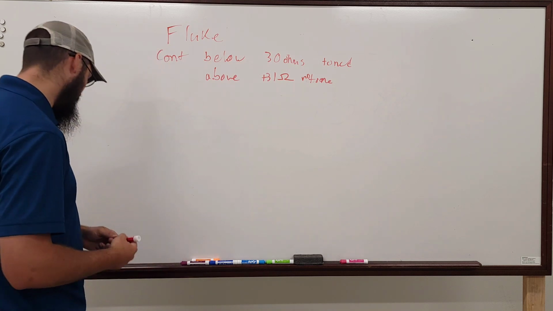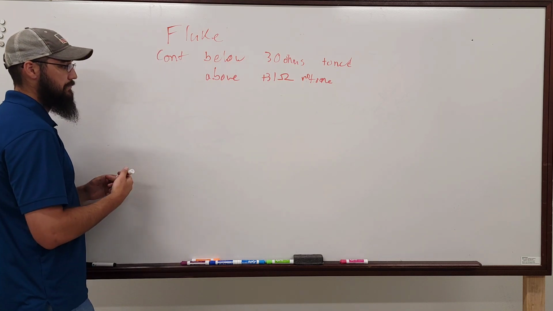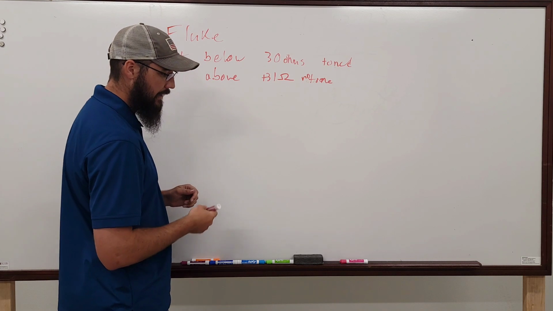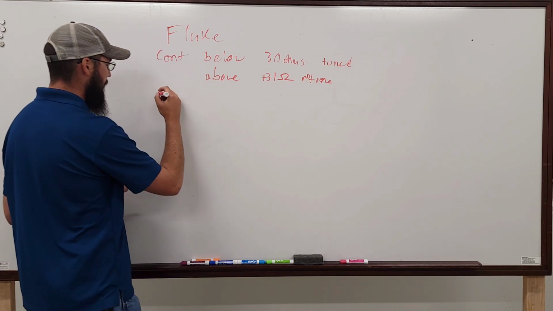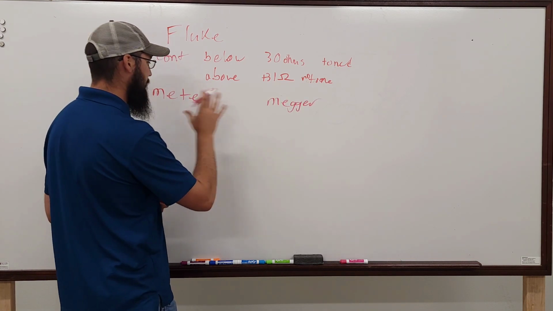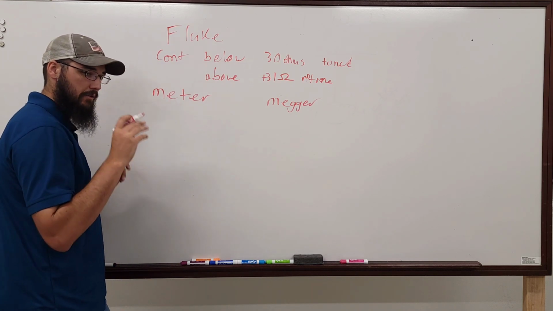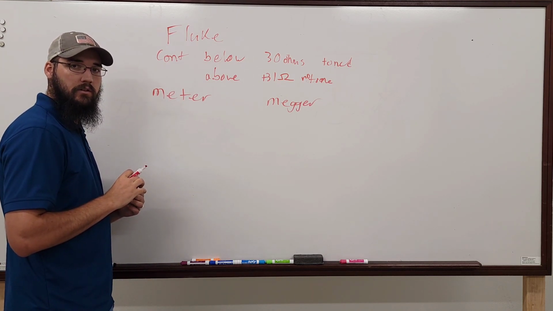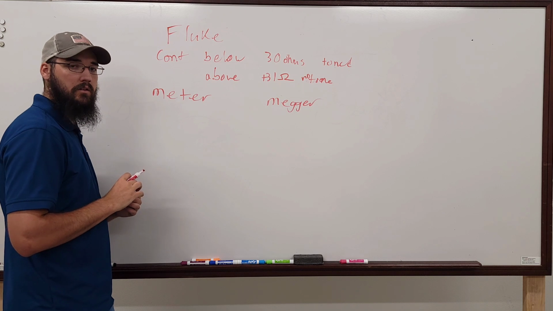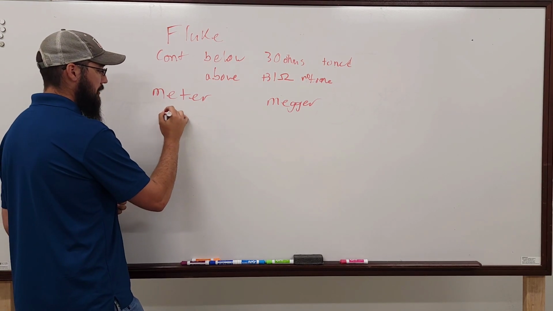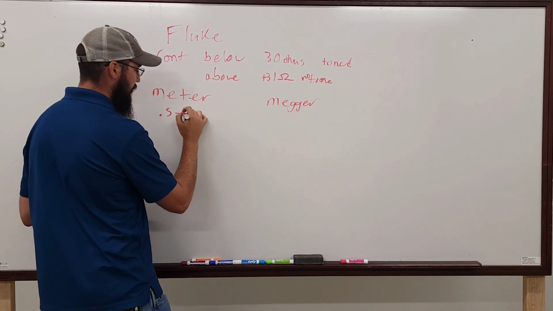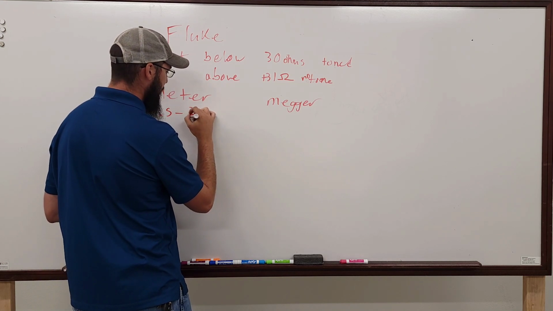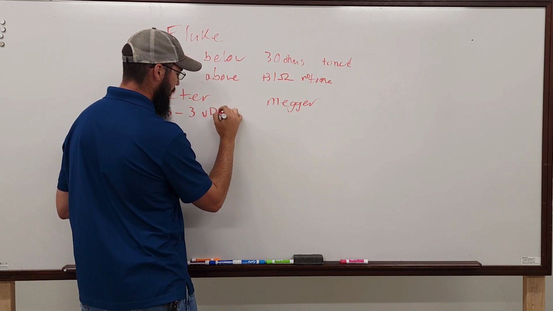That takes us into another part of that conversation: what's the difference between a meter and a megger? It's all about the voltage. Any ideas what these voltages are on average? Meter? It's like 5 volts or wherever the battery produces. Yeah, anywhere from 0.5 to, I've seen up to 3 volts DC.